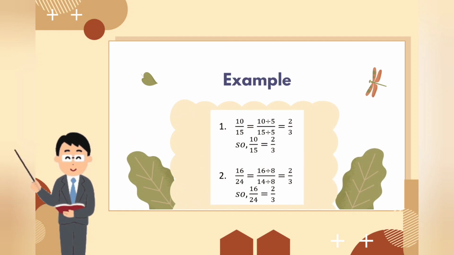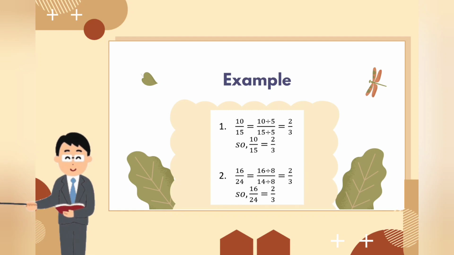For example, number 1, 10 over 15 equals 10 divided by 5 over 15 divided by 5, equals 2 divided by 3. So 10 divided by 15 equals 2 divided by 3.